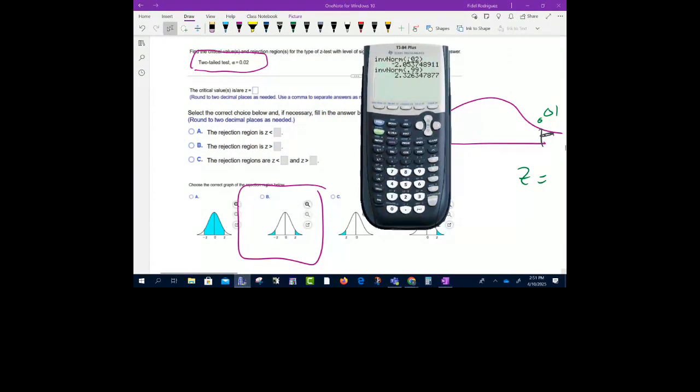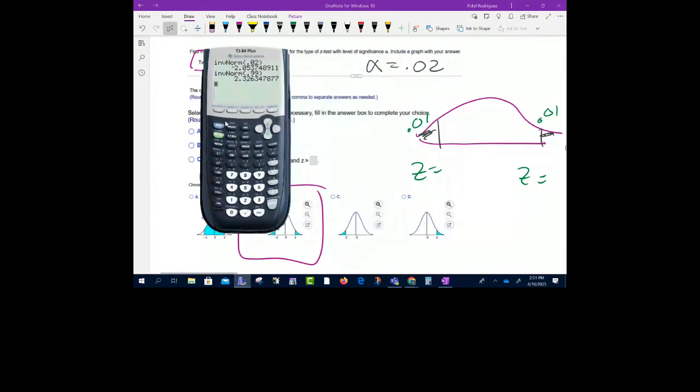We're going to use our calculator, inverse norm, but the area to the left, everybody agree, 0.01? Because alpha was 0.02, but we have to cut it into those two pieces. So what do you think, negative 2.32 or 33? 33.